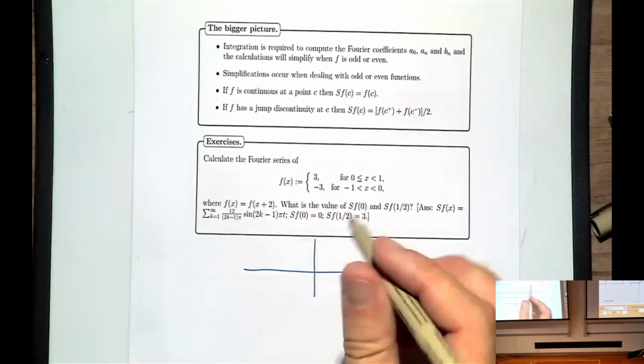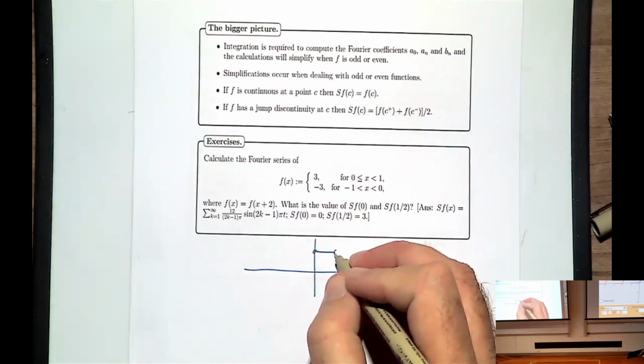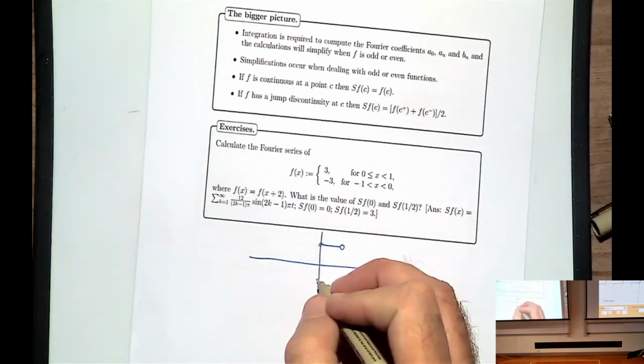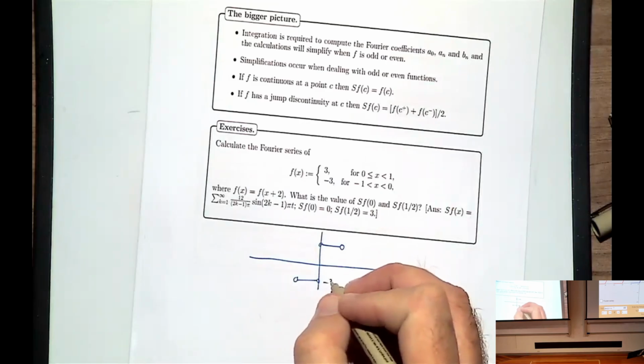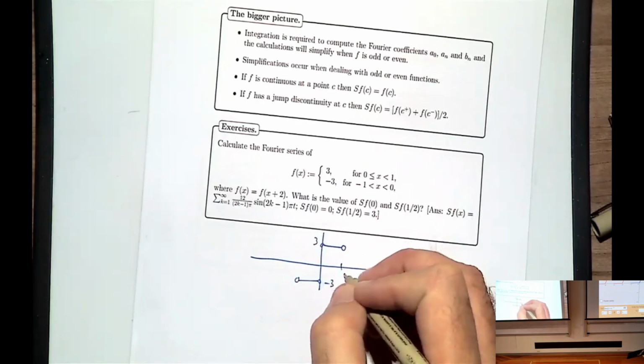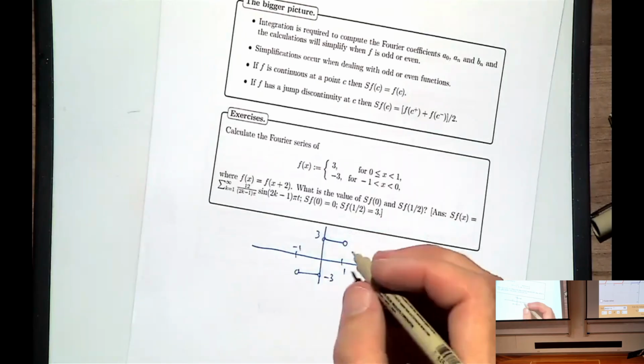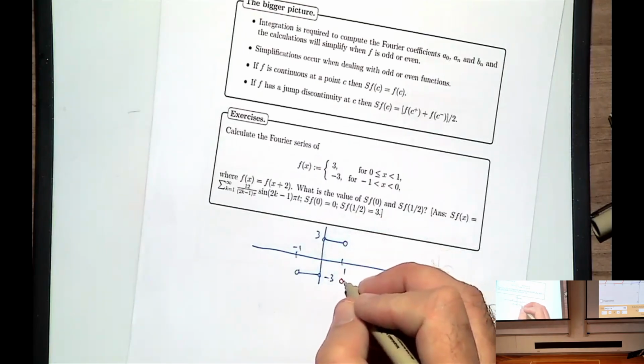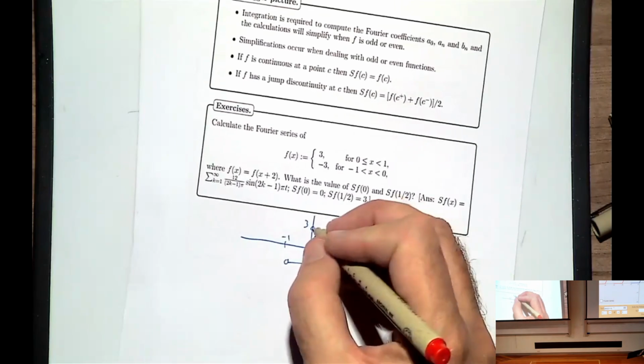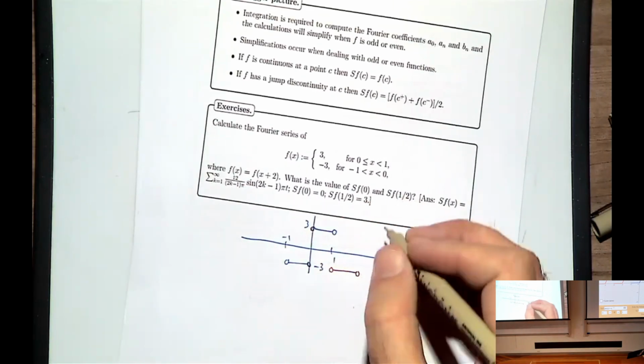Okay, so it's 3 on that interval. It's -3 on that interval. Okay, and we copy and paste it. Oh, and it's open and open.